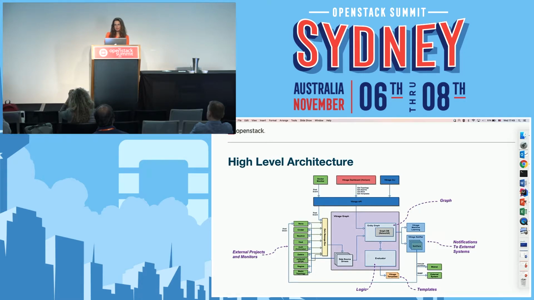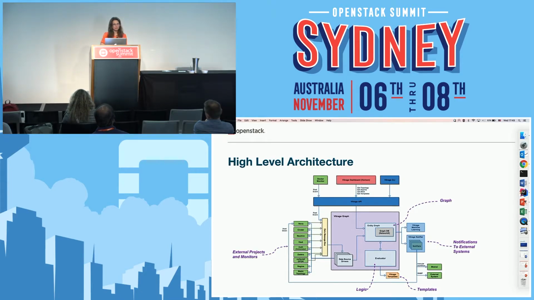Vitrage notifier is responsible for notifying external systems when there are alarms or state changes. Currently, we notify Nova when the host is down. In many cases, Nova is not aware of the failure, if it's a network failure. We execute Mistral workflows when it's determined in the templates.